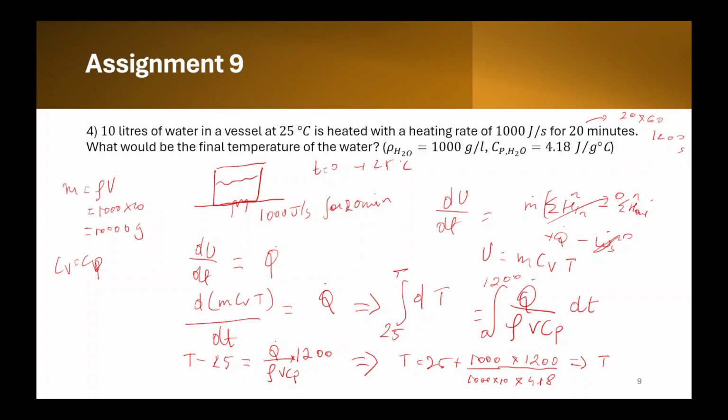So T comes out to be 93.7 degrees Celsius. That's what the answer is.